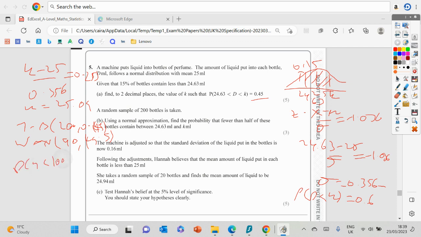We want less than 100, so fewer than half of 200. Should be 100. However, we need to include the continuity correction, which in this case will give us W is less than 99.5, just to make sure we get that extra bit in there. And then doing that on the normal button on your calculator, so number 7, normal CD again. We want less than 99.5, so 99.5 is our upper value.